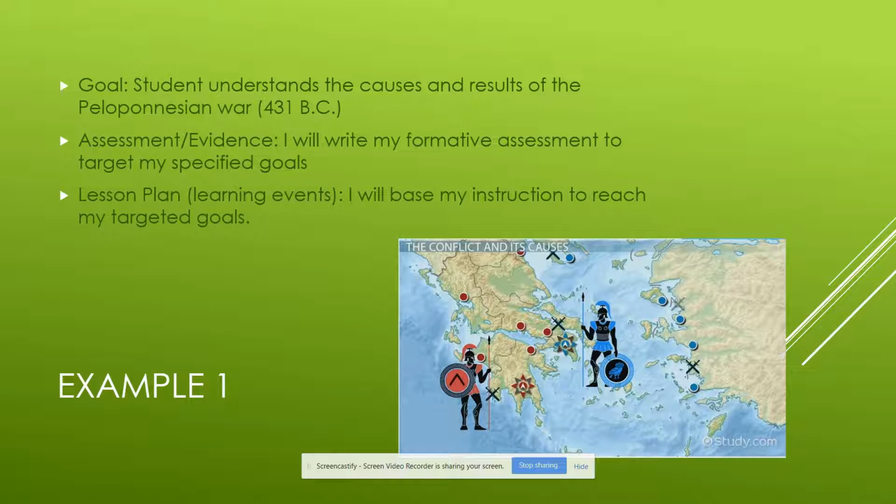I give weekly formative assessments my students are always prepared for. I would write my target goals in there. I want them to know Sparta and Athens, the differences between them, what they were known for, the current politics of 4th century BC Greece, et cetera, et cetera.